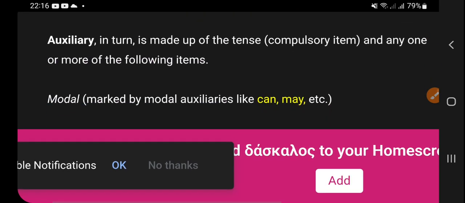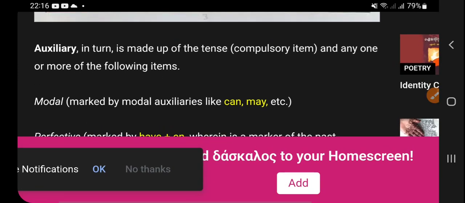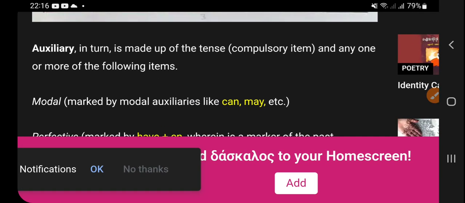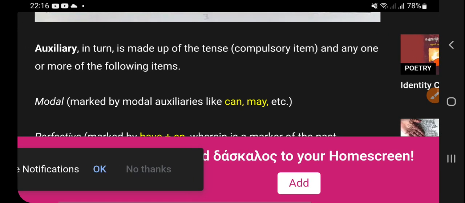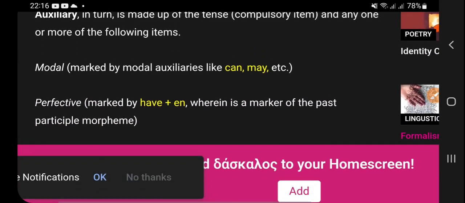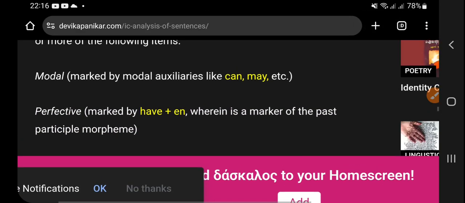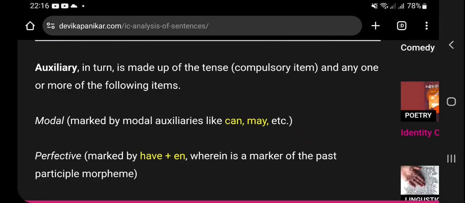Now auxiliary is simple, but we should know what it is. Auxiliary in turn is made up of tense, a compulsory item, and any one or more of the following items. Tense is time.